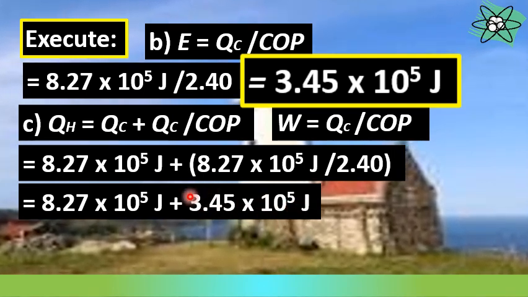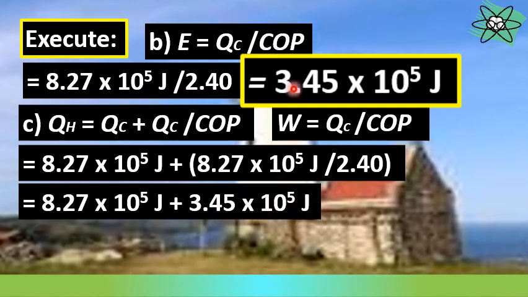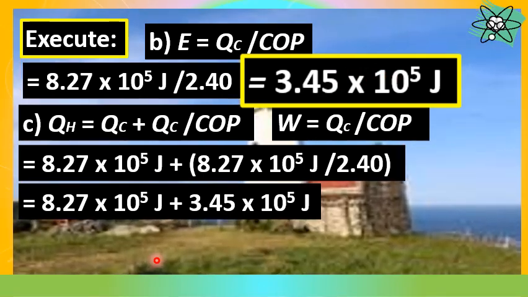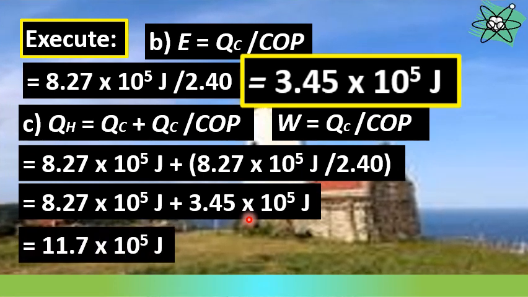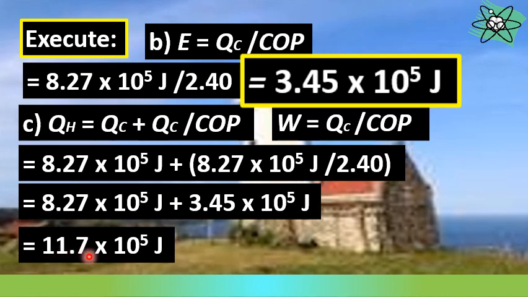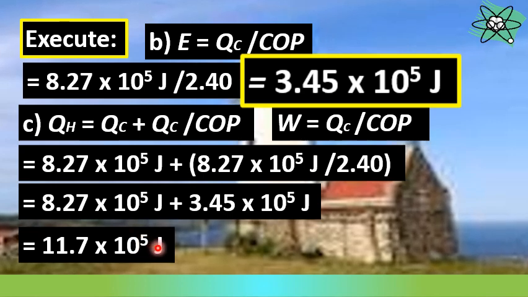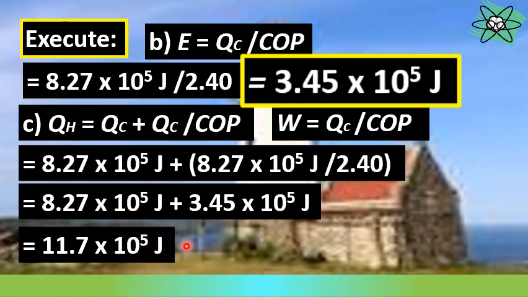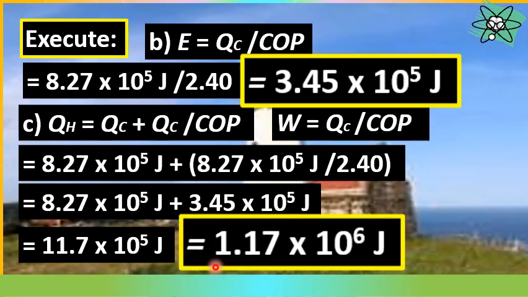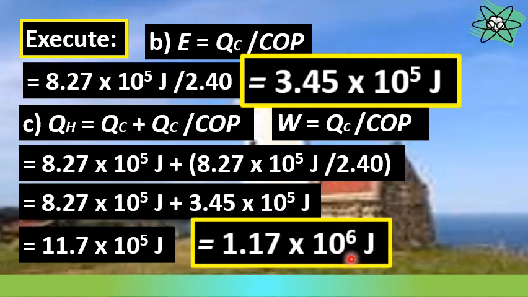All right? So 3.45 raised to the fifth represents the amount of electrical energy consumed by the freezer. And finally, adding these two quantities, we get the value of capital Q sub H equal to 11.7 times 10 to the fifth joules, which, when expressed in scientific notation, is equal to 1.17 times 10 to the 6th power joules.